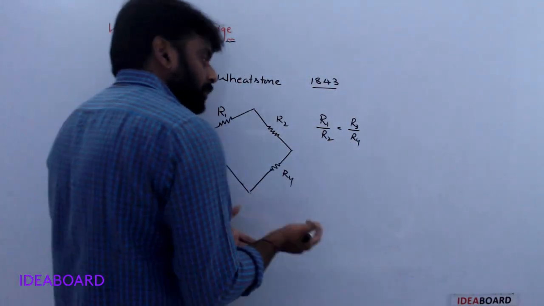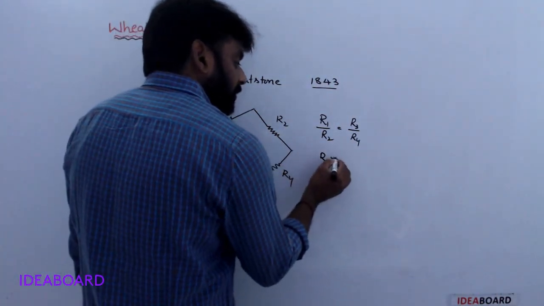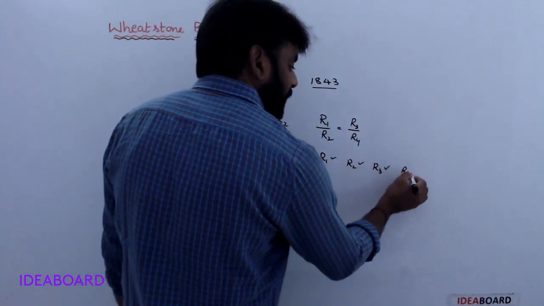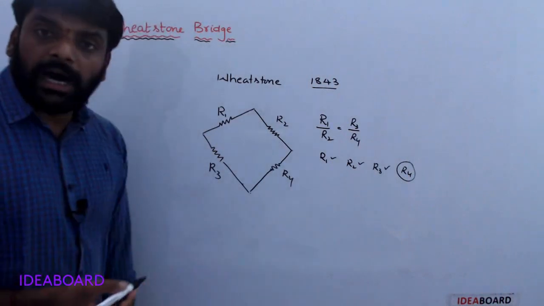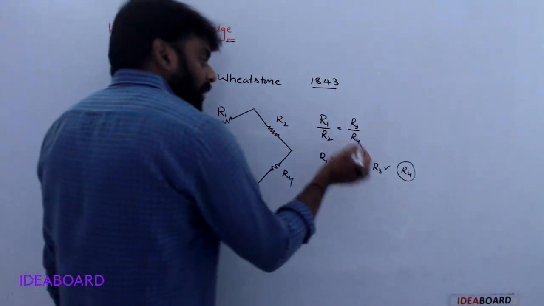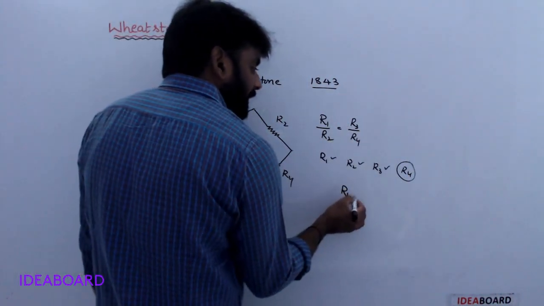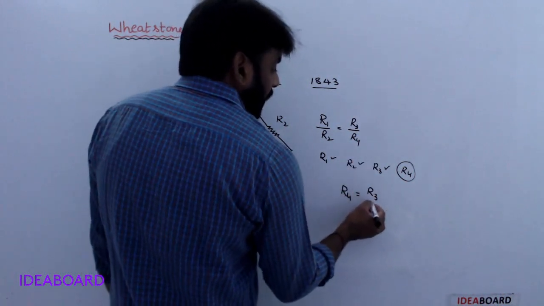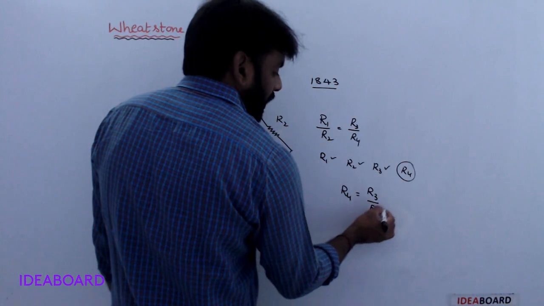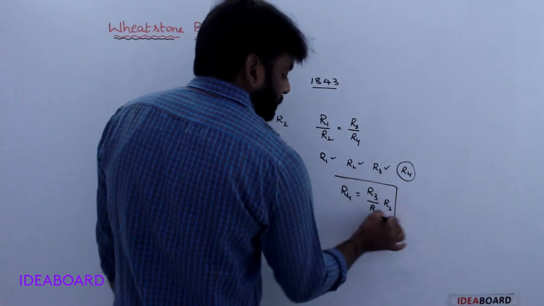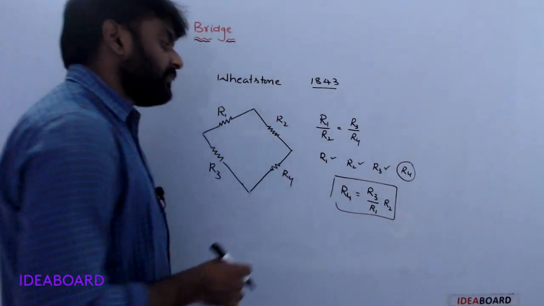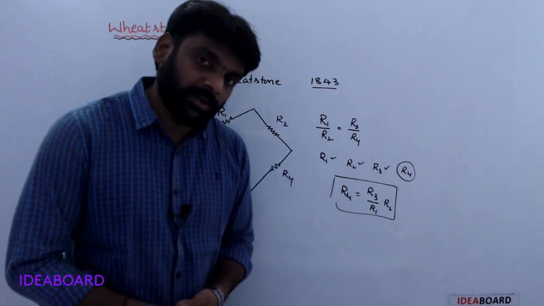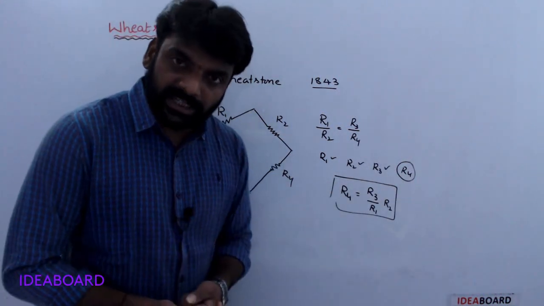For example, R1, R2, R3 are known, you don't know R4. So R4 is equal to R3 by R1 into R2, R4 in terms of the remaining resistors. Understood?